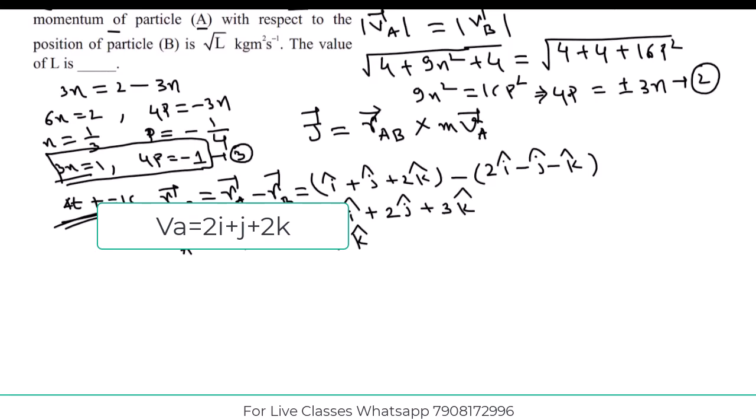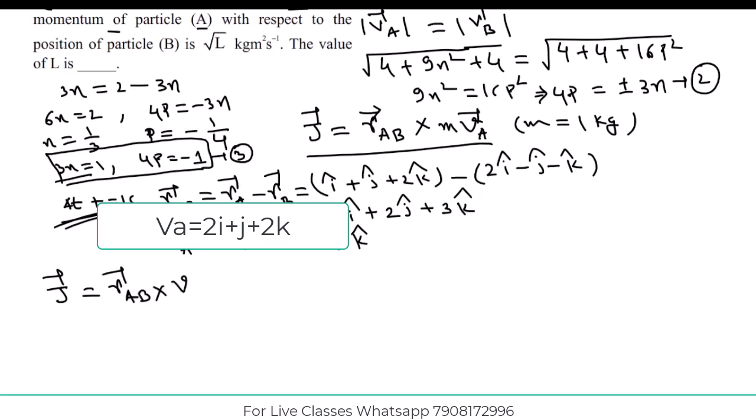Now we have to find J equal to r_AB cross m v_A. The mass is 1 kg, so J is equal to r_AB cross v_A.